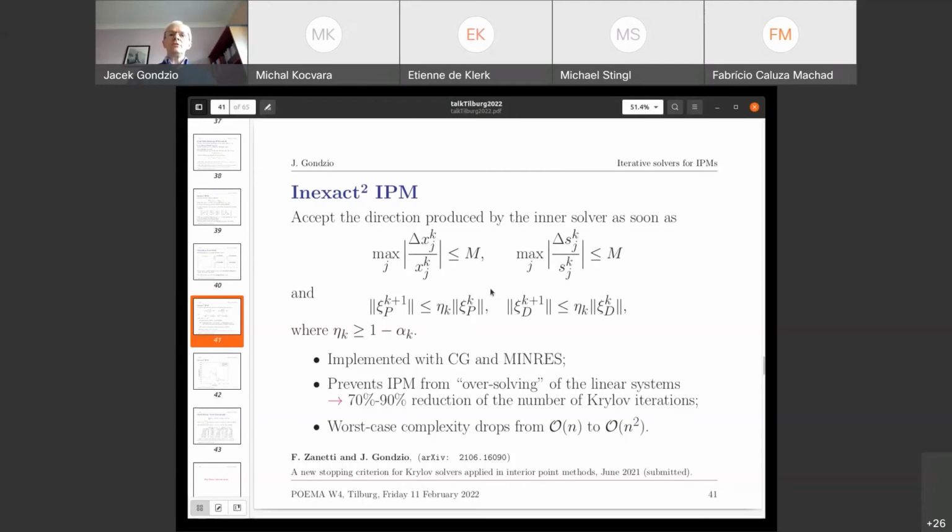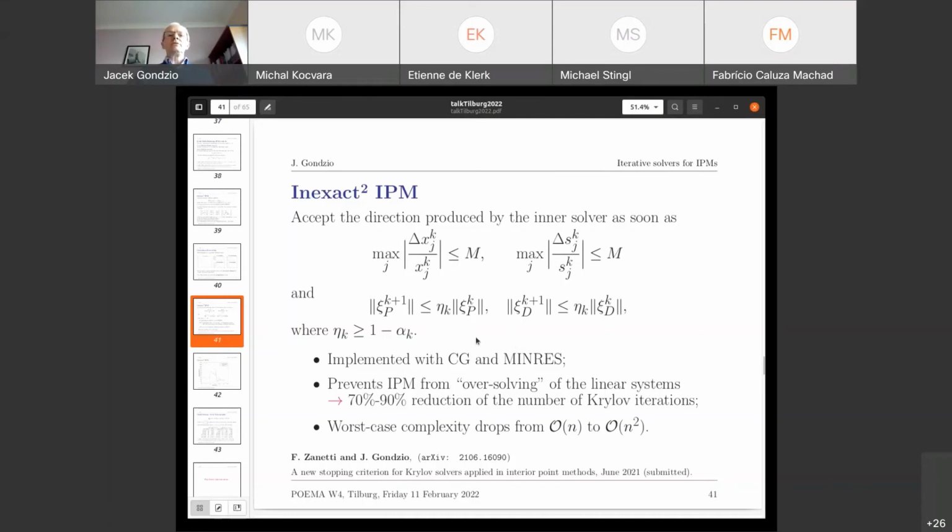However, in practice, using this stopping criteria for the Krylov method really delivers an amazing improvement, because we can cut down 70 to 90% of useless Krylov iterations, which would reduce the numerical error, but would not necessarily improve the Newton direction. So why should we waste time on it?